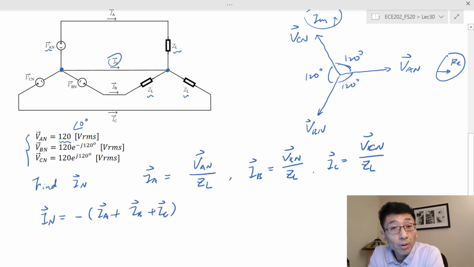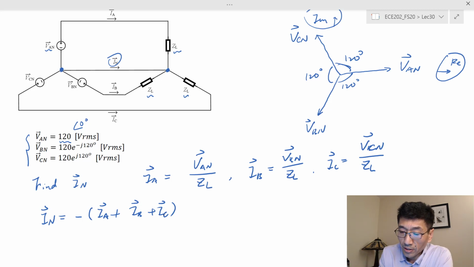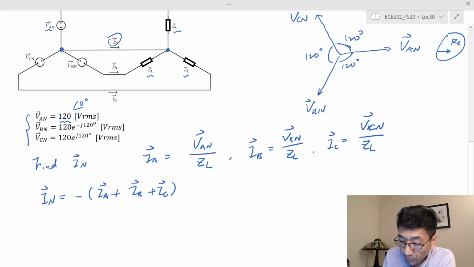The quickest way to get the current using KCL is to use the leaving current equal to the sum of the entering currents, or vice versa. So at this point here, the leaving current is I sub n, so the entering current is negative of the sum of these, right?